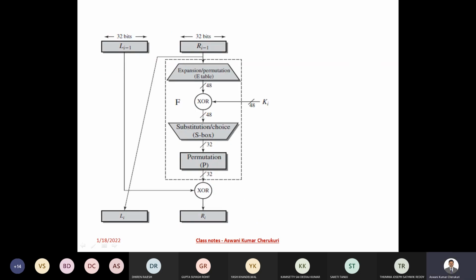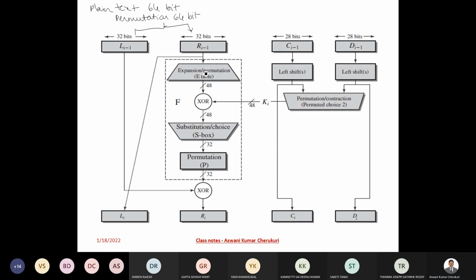So we have this 32-bit left half. The 64-bit plain text first undergoes the permutation, giving 64 bits, which is divided into two halves, 32 and 32. The right 32 is the one we are going to proceed with.